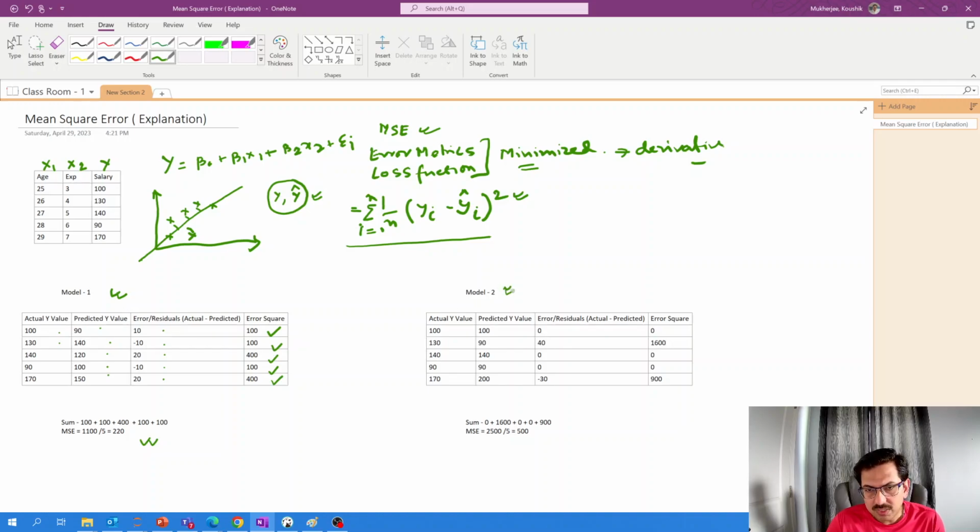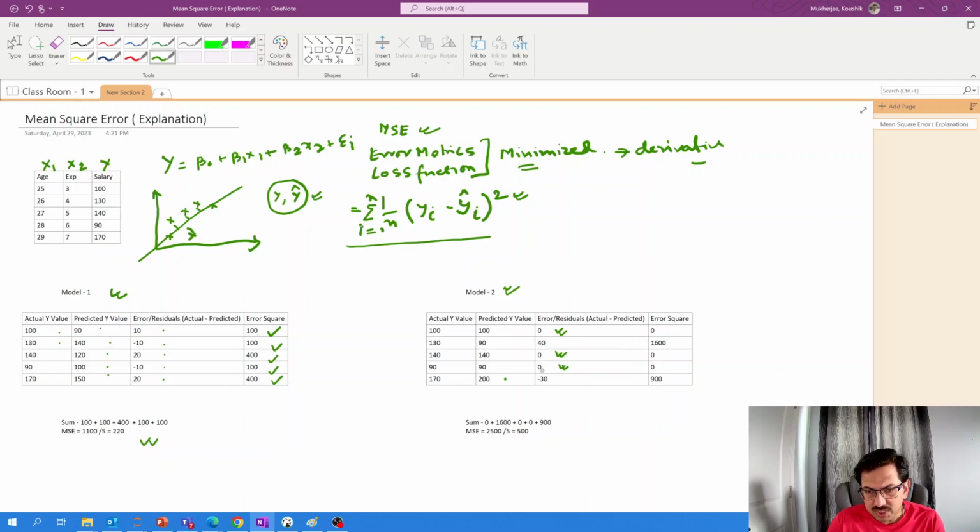Model 2: let's consider another model with the same actual values, 100, 130 and so on, and predicted values 100, 90, 140, 90, and 200. Just by looking, it seems I have three almost correct values, but two wrong values, and these two wrong values are actually very big.